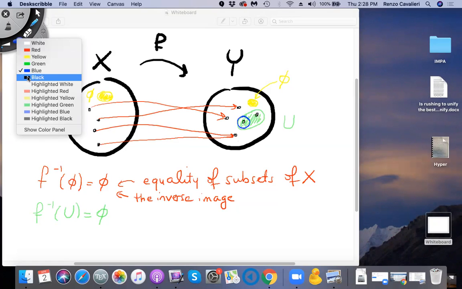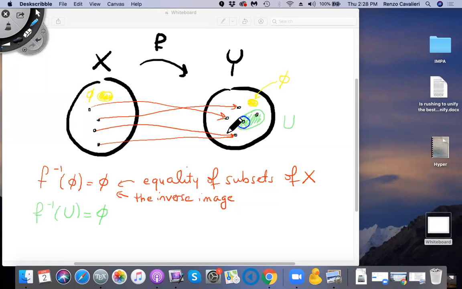Let me take black here. And if I take the inverse image of this element, then this inverse image consists of two elements of X. So it consists of a set of elements, a subset of X, okay?